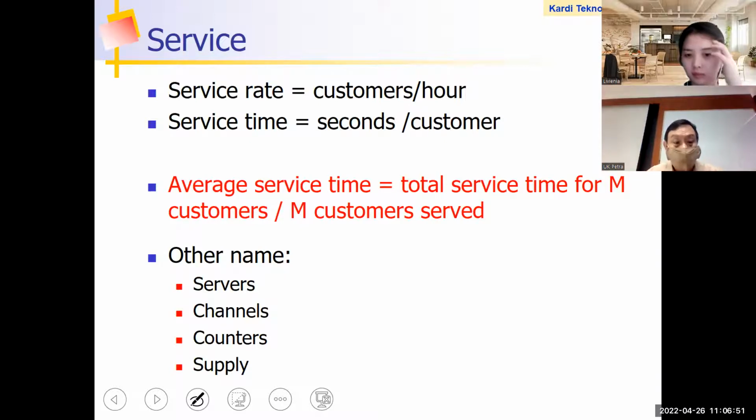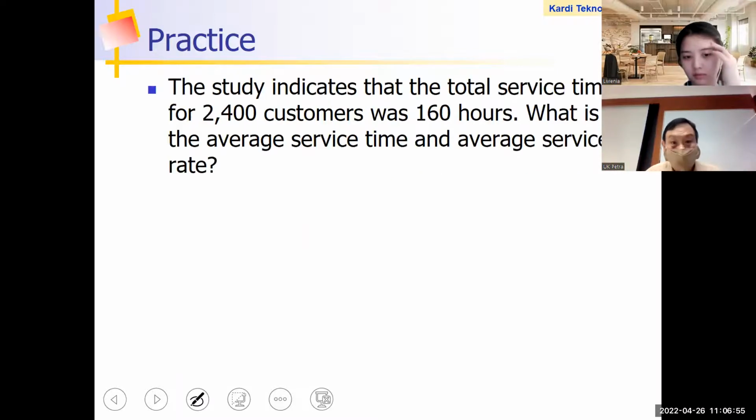Other names are server, channel, counter, supply, and so on. Let's study this. Say you have 2,400 customers, and the total service time is 2,160 hours. So what is the average service time and what is the service rate? Livy, you calculate the service time.